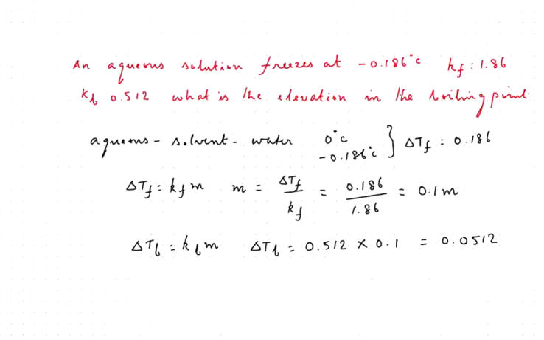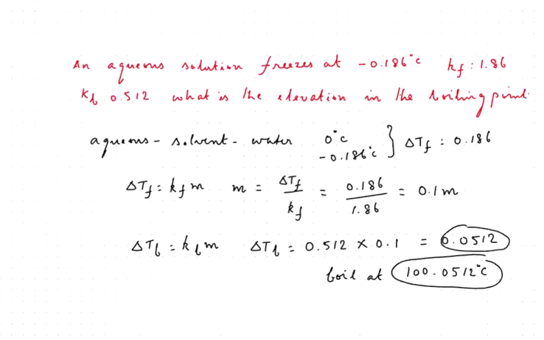That means the same solution will boil at 100.0512 degree centigrade. So this is the new boiling point. This is the elevation in the boiling point. So the depression in the freezing point is given, and the Kf, Kb values are given, and you are asked to calculate the elevation in the boiling point.